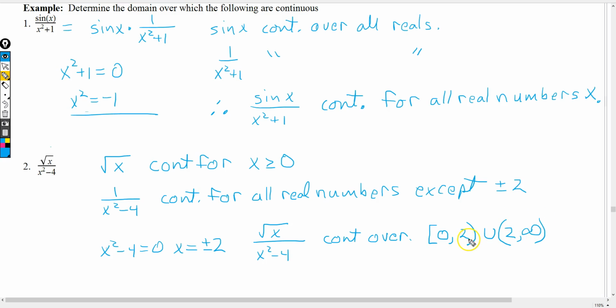Notice we had to exclude the number 2 because that's where the denominator is equal to 0. And we're only considering positive real numbers, or real numbers greater than or equal to 0, because that's where the square root of x is defined. Alright, and that's our answer.